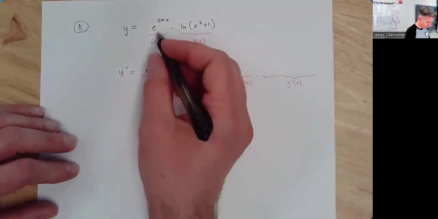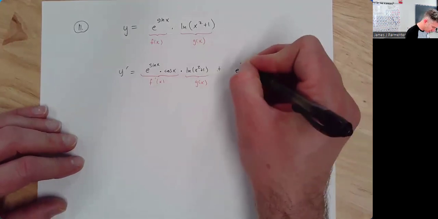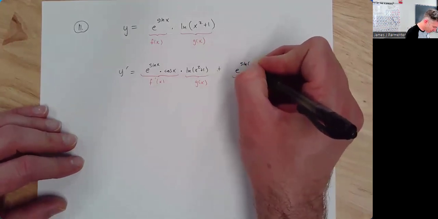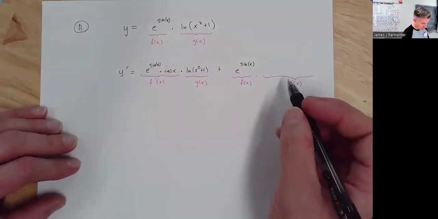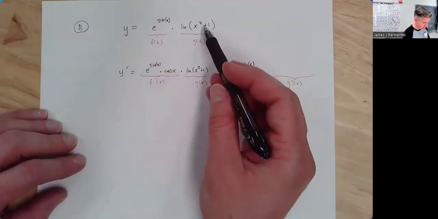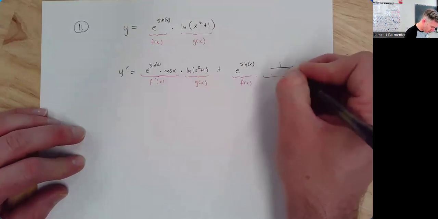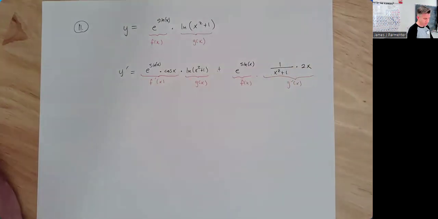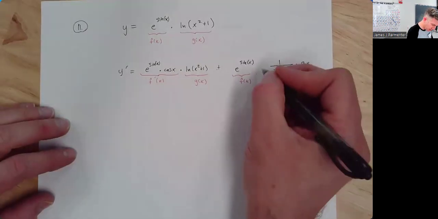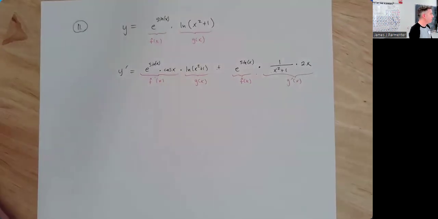We leave the function f of x alone, e to the sine of x, and then the derivative of g of x, well, the derivative of natural log of x squared plus 1 is 1 over the stuff times the derivative of the stuff. And I really, really would not take the time to simplify that.